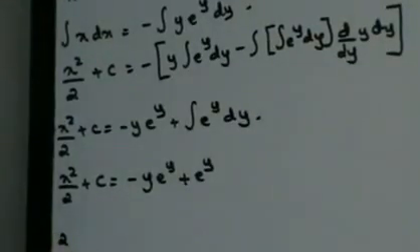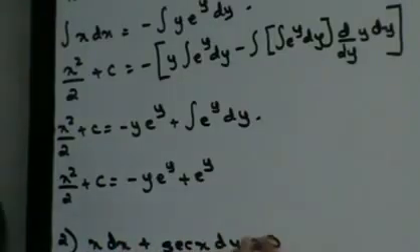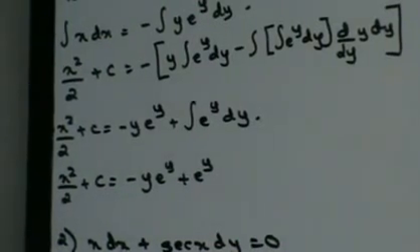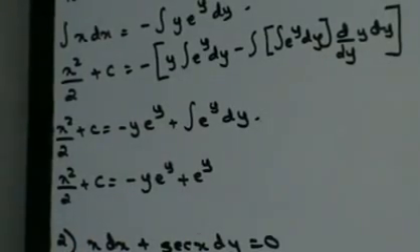Let's see the next sum, guys. x dx plus sec x dy is 0. You have to form a differential equation and solve it and find the particular solution when y is equal to 0 and x is equal to pi by 2.